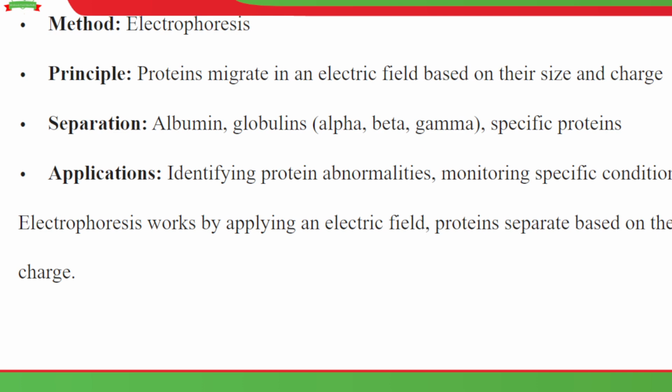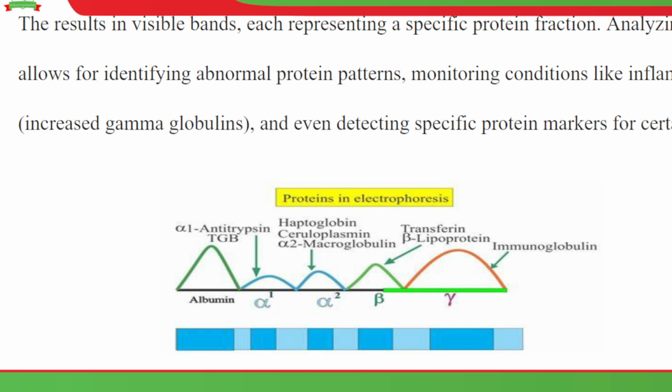Electrophoresis works by applying an electric field, meaning it's based on the charges, and then separates them based on their size and charge. Those that are big and positive go somewhere. Those that are small and negative go somewhere. Those that are just small and positive, and all that. They separate exactly based on that. And then the result gives you visible bands, each representing a specific protein fraction.